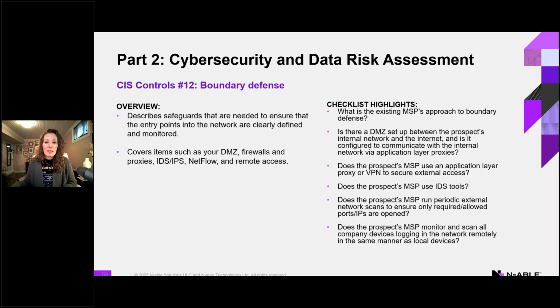So an MSP should be working to identify all those systems that access the organization's network from all the different locations that are out there, and they should have an understanding of the boundaries of the network, and then determine from there how access should be controlled and what protocols are allowed, so that any communication over unauthorized TCP or UDP ports or any sorts of application traffic, making sure that that's then denied.